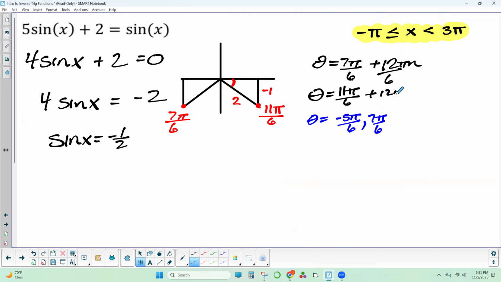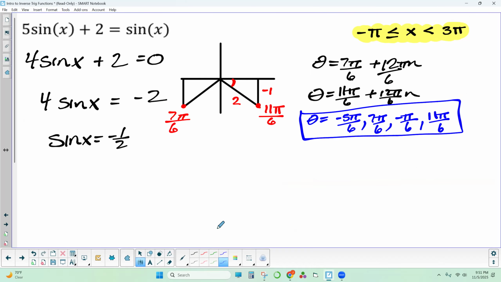If I subtract 12 pi over 6 from 11 pi over 6, that's going to give me negative pi over 6, which is good. That is in my interval. And I'm going to include, of course, 11 pi over 6 because that is in my interval as well. If I add 12 pi over 6 to 11 pi over 6, that takes me past 3 pi. So these are my 4 solutions.